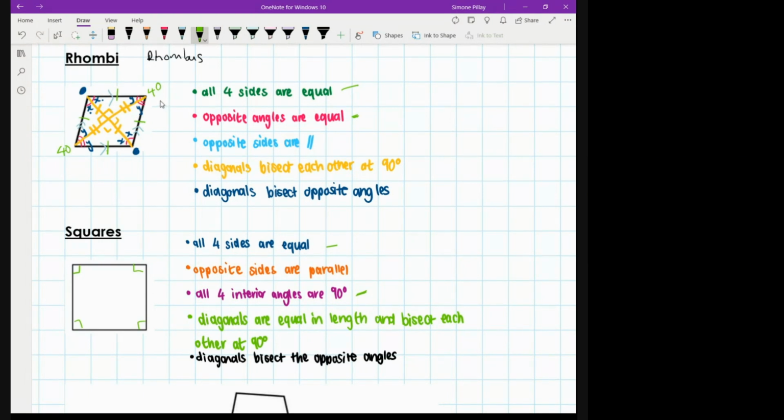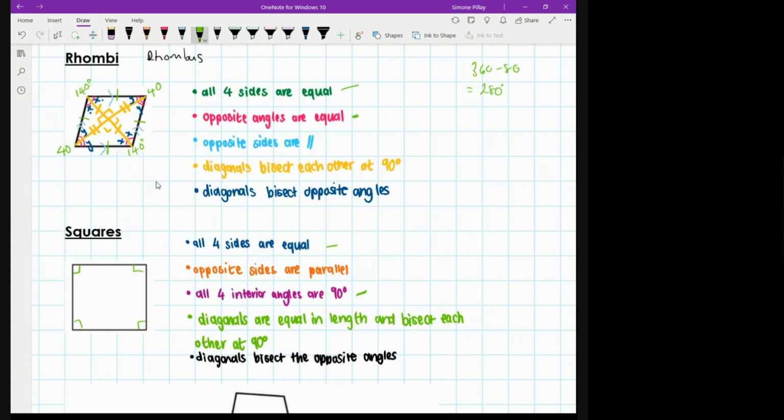Then the other two will be 360 less 80, which is 280, so 140 degrees and 140 degrees, because I can see it's an obtuse angle.